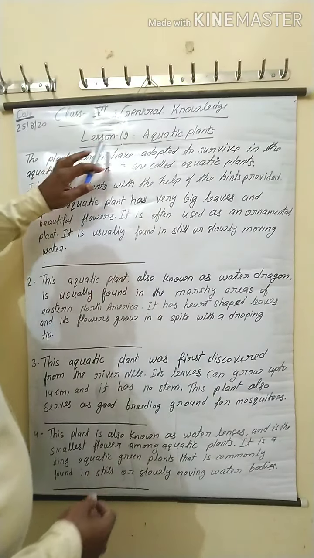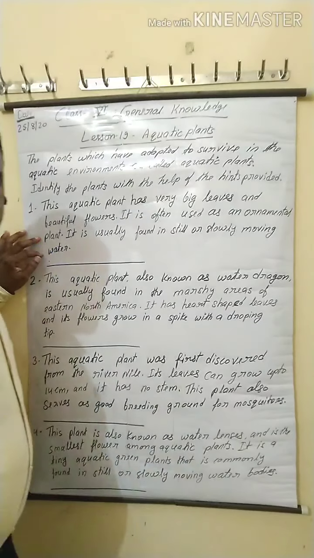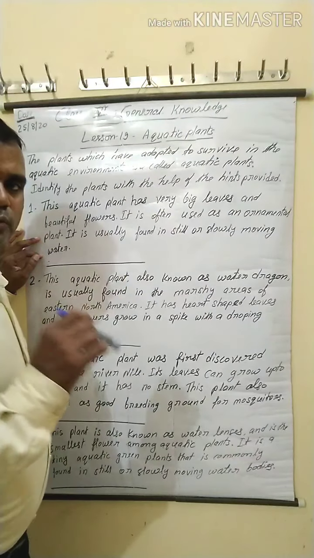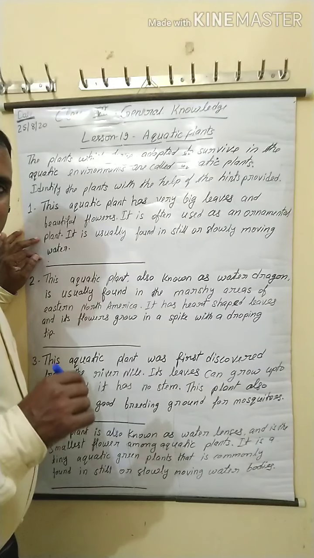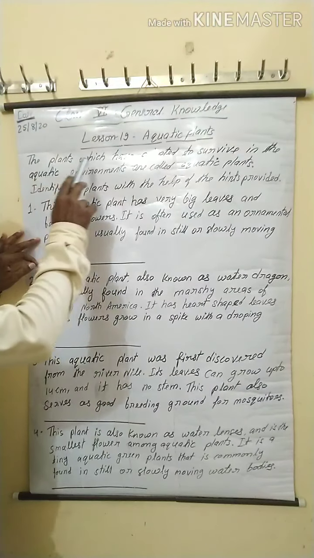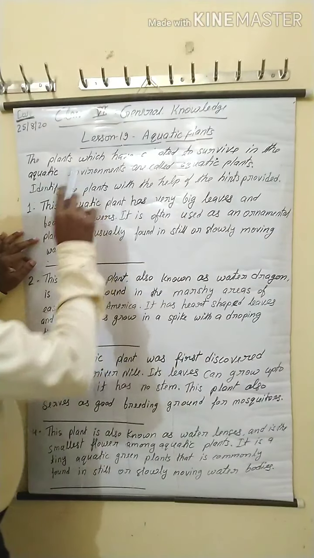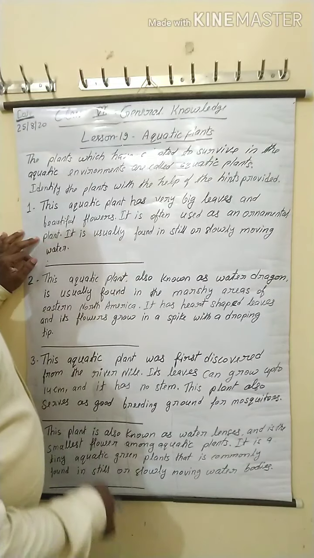Okay, lesson 19, aquatic plants. What do you mean by aquatic plants? Plants that grow in water are called aquatic plants. The plants which have adapted to survive in the aquatic environment are called aquatic plants.